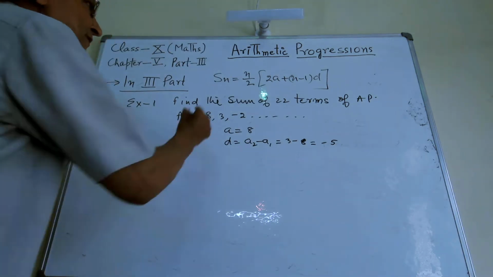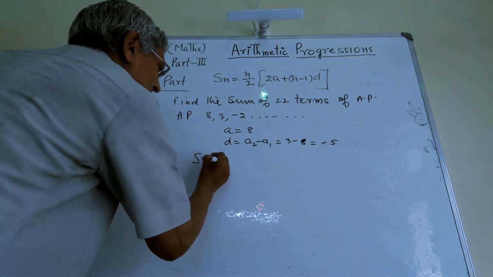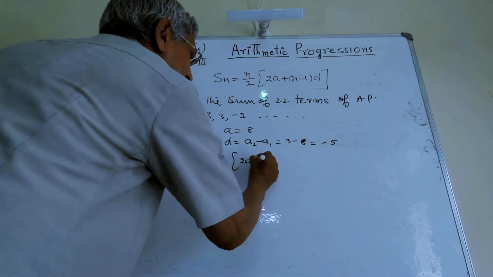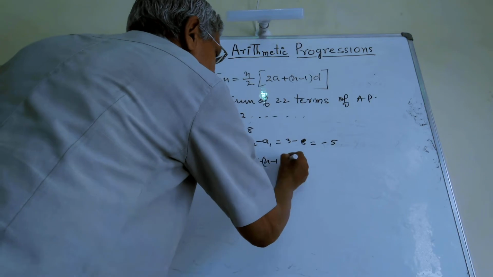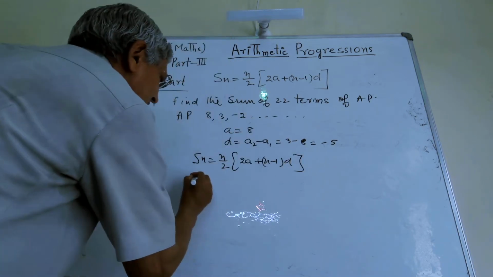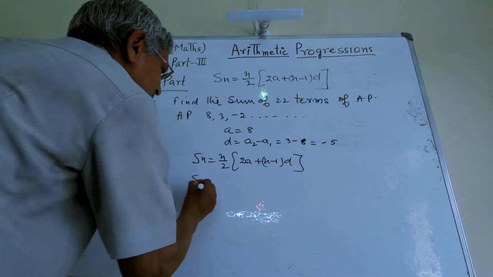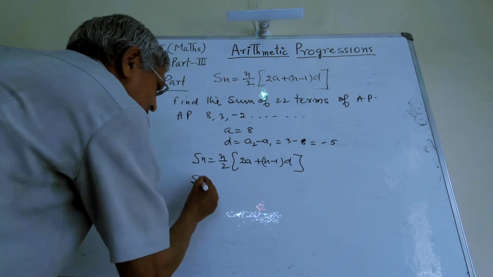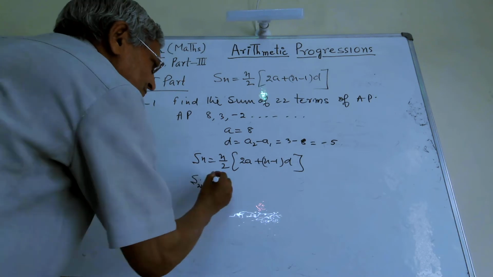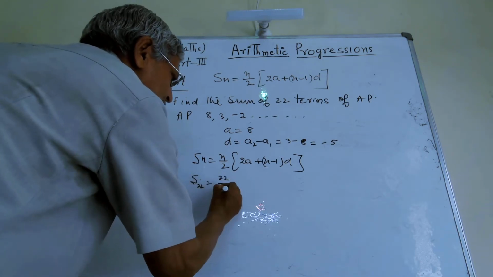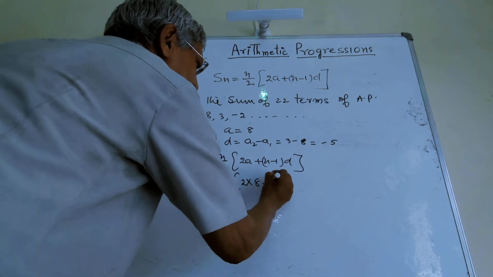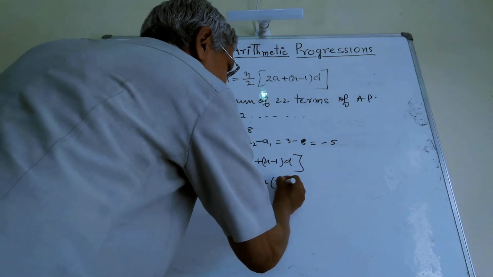Now write down the formula. Sn is equal to n by 2, 2a plus (n minus 1) into d. Sn is the sum of 22 terms, so here write down 22. 22 upon 2, 2a is 8, plus (n minus 1).